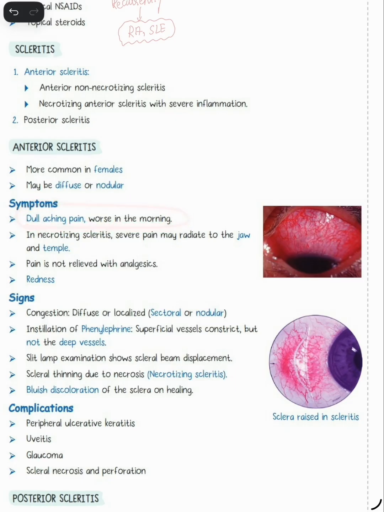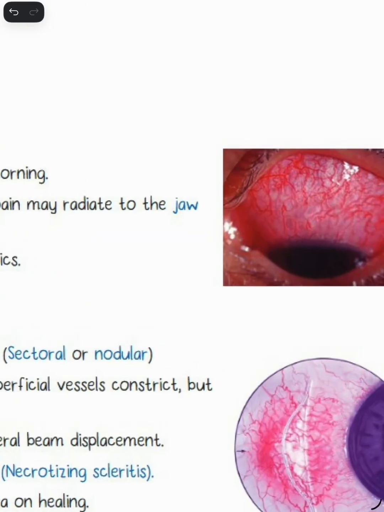And in necrotizing scleritis, severe pain may radiate to the jaw and the temple, and the pain is not relieved by analgesics. In episcleritis, over-the-counter analgesics can relieve the pain, but in necrotizing scleritis, it is not relieved by analgesics.